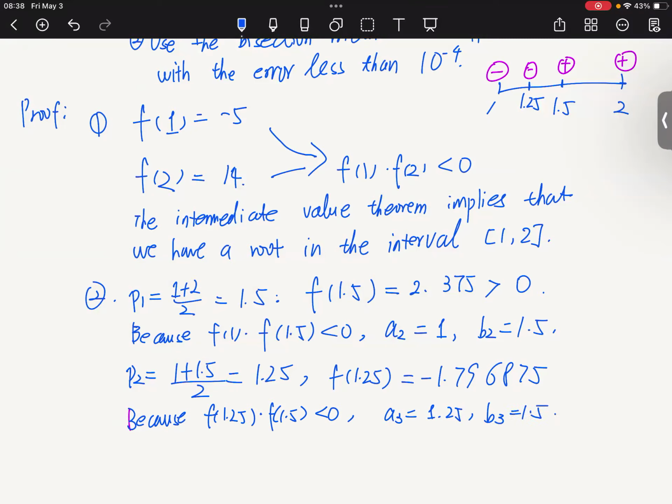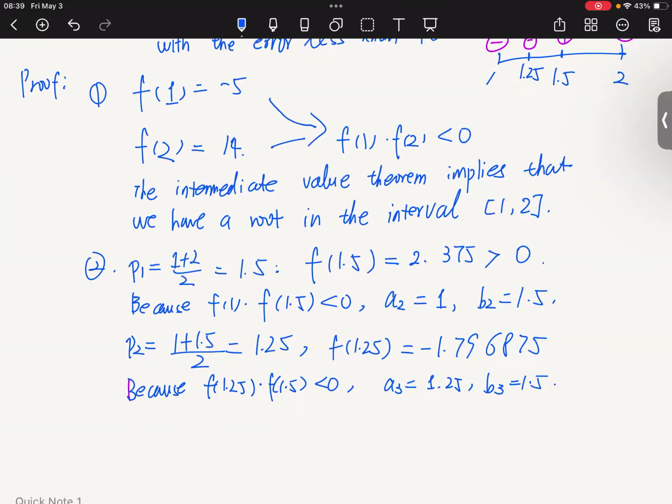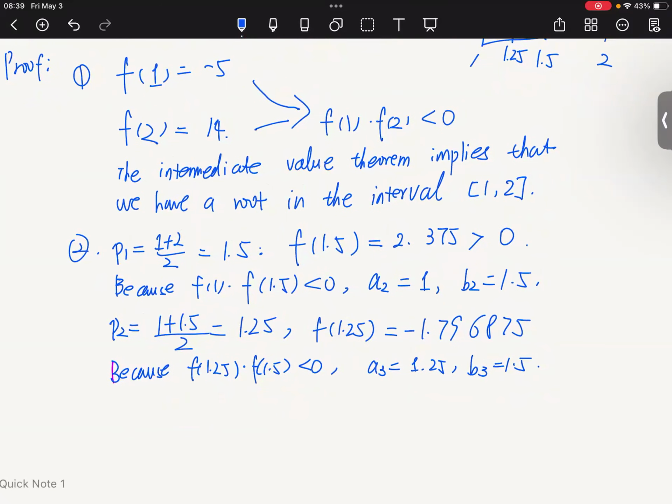And you can keep doing such and such here, and there is some stopping criterion you can use. So you can use this one.